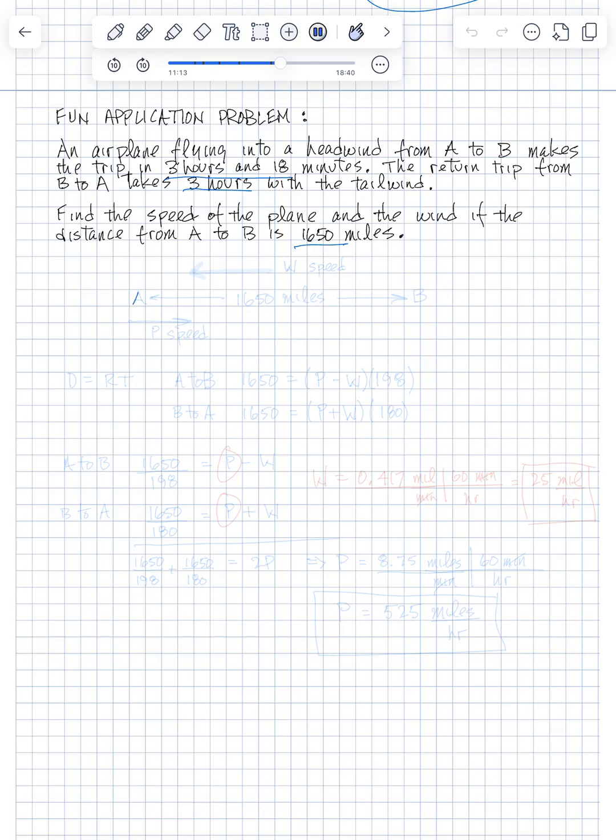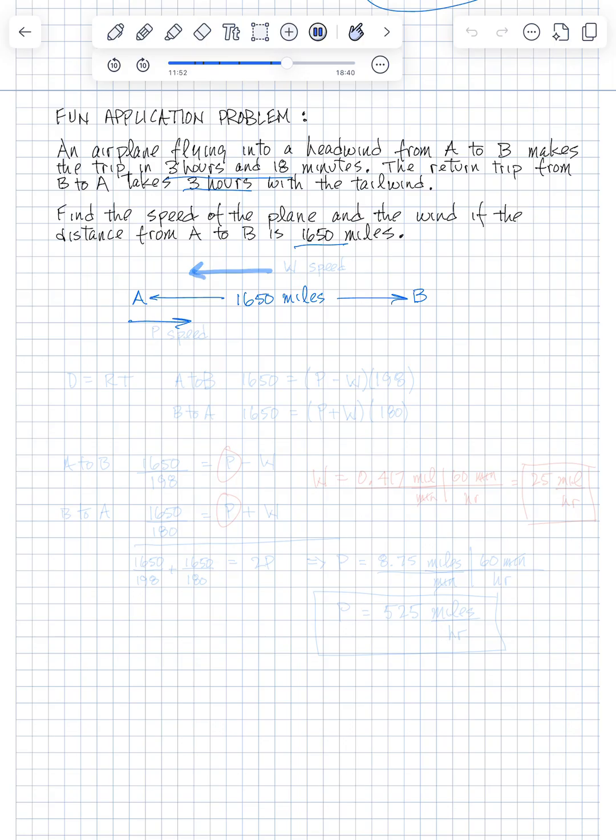Okay, so the first thing that I like to do on these problems is just sketch it out. So we have point A and we have point B. And the airplane is flying in this direction from A to B. It's 1,650 miles between the 2 points. And we know that it is flying into a headwind, so I'm going to draw the wind in this direction.